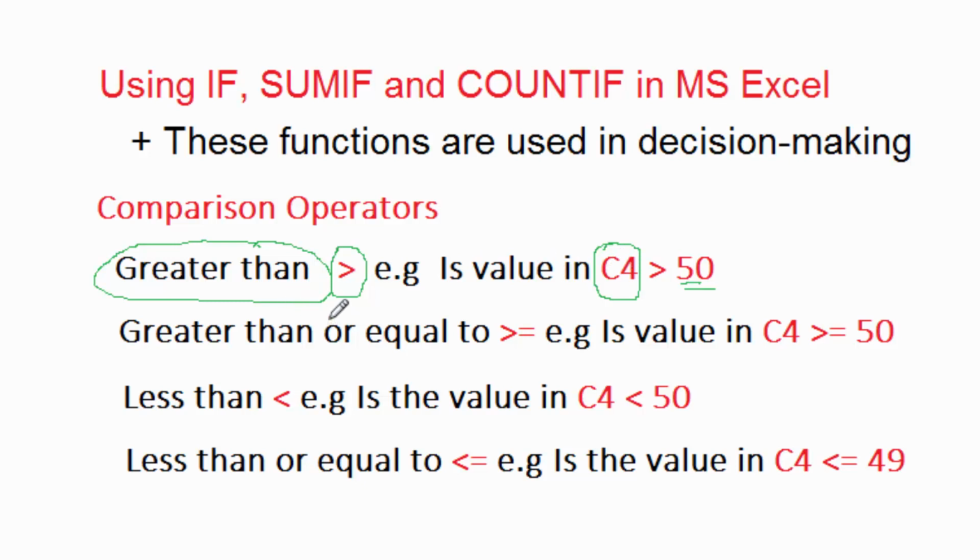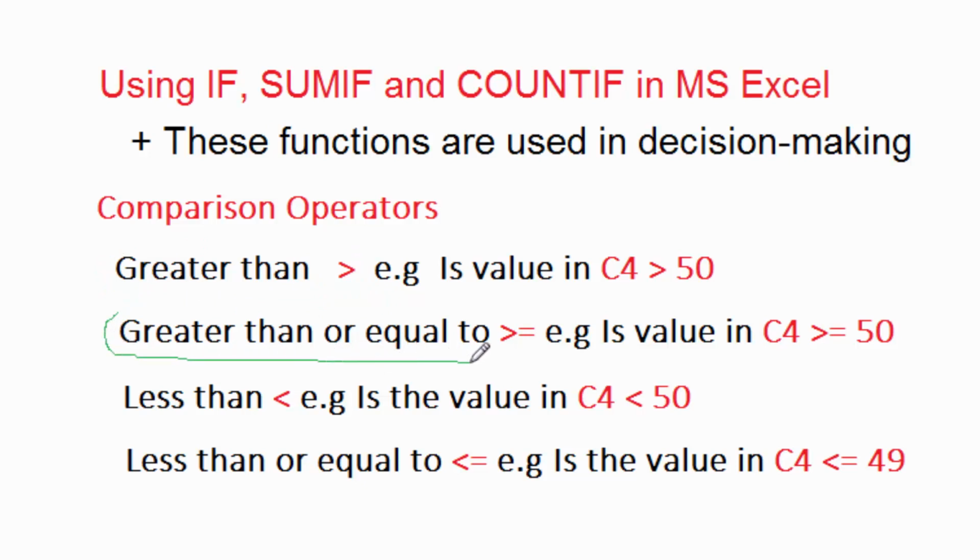There is also a modification here of the greater than sign, and we put an equal sign together with it so that we get what we call greater than or equal to. And in this case, when we are talking about greater than or equal to, there are two comparisons being made.